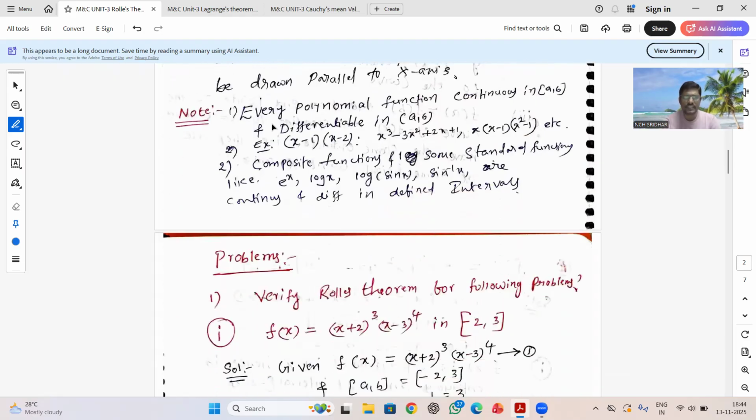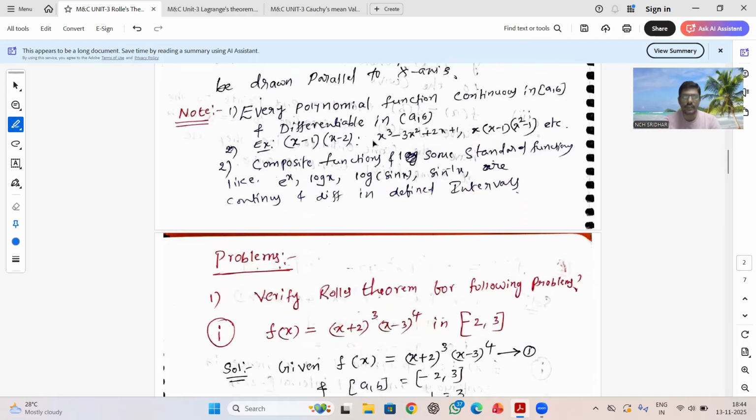According to the nature of the function, we will do the first two conditions. Every polynomial function is continuous in closed interval a comma b. Whenever a polynomial is given, there is no need of checking for continuity, because every polynomial is continuous in the given interval and also differentiable in open interval a comma b.